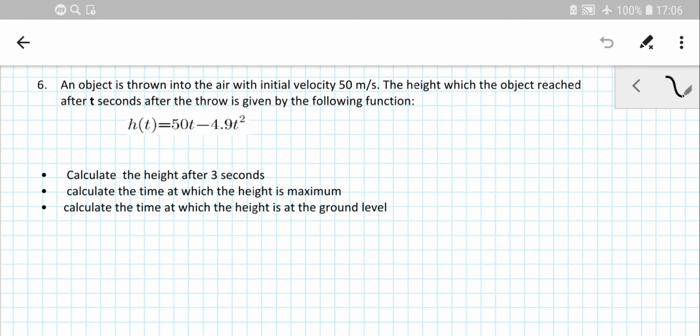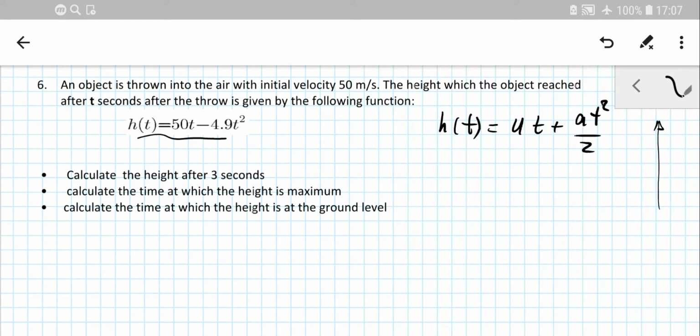Obviously, whoever is very strong in physics, actually mechanics, projectile motion, is aware that this works as a quadratic function. So h of t is given by the formula for displacement, which is ut plus at squared over 2. In our case, we can combine with physics, and I'll show you why this is the reason for this equation.